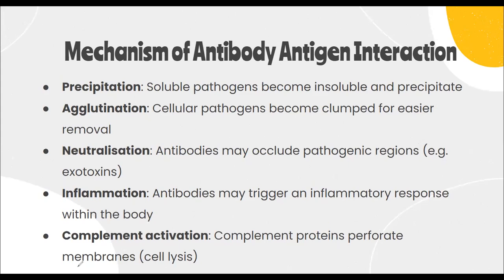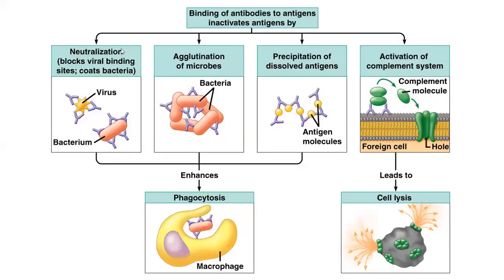Eventually, the infected cells will undergo lysis. They will undergo destruction, so the cell is destroyed, and the pathogen inside the cell will also eventually be destroyed. So this is by complement activation. I will give you an image of all these, how they look, over here.